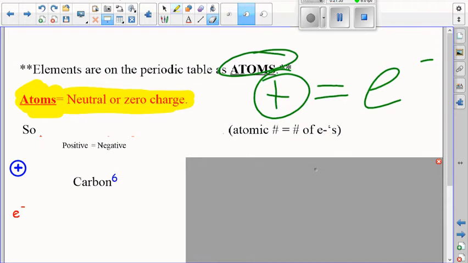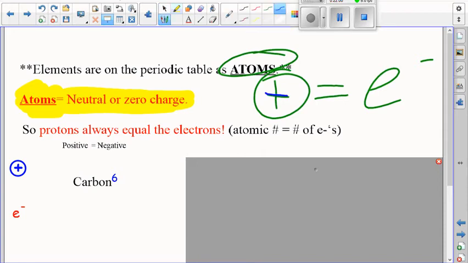When something has a charge of 0, the number of protons is always equal to the number of electrons. So if I say this atom has 50 protons, you know right away it has 50 electrons. This atom has 17 protons? Well, it has 17 electrons too. If it's an atom, it's neutral, and therefore protons equal electrons.